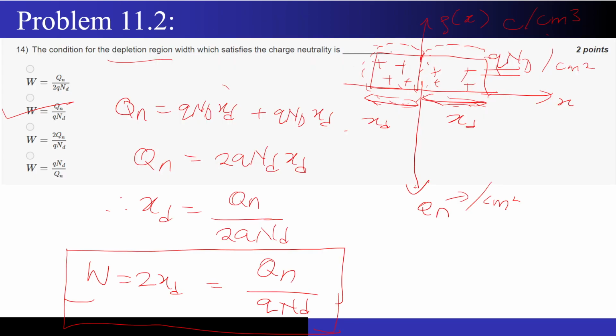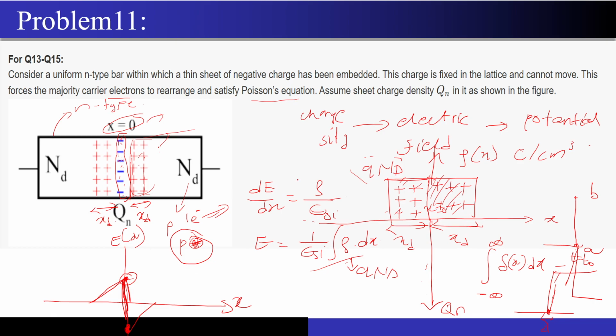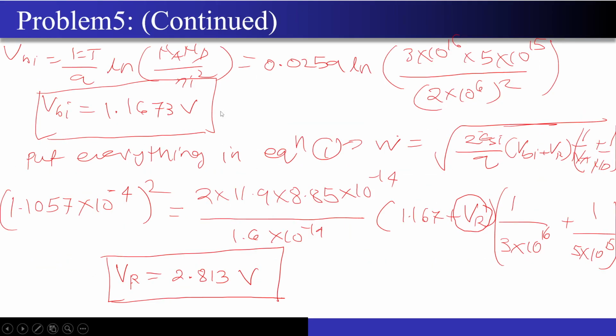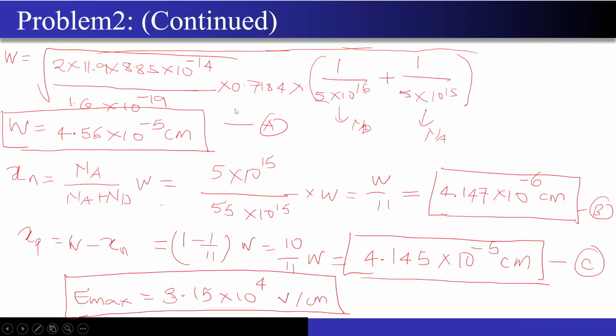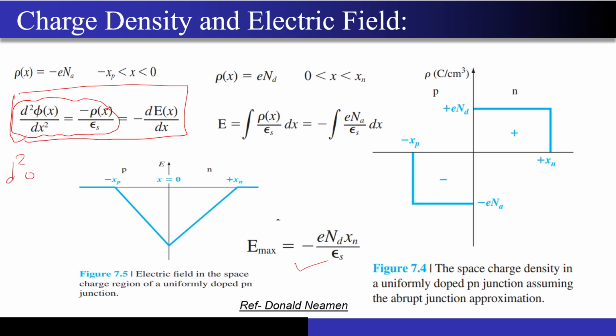Yeah, go ahead. The Poisson's equation I must have highlighted. Just a minute, let me go back maybe. I guess in the very beginning I may have mentioned. You are seeing this equation, right? Over here, if you just consider this part, dou square phi by dou x square is your rho by epsilon.